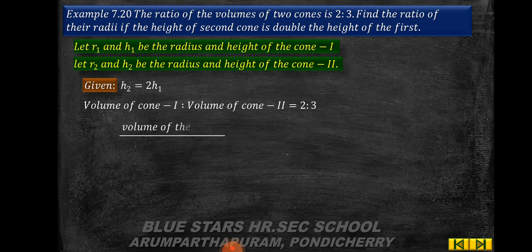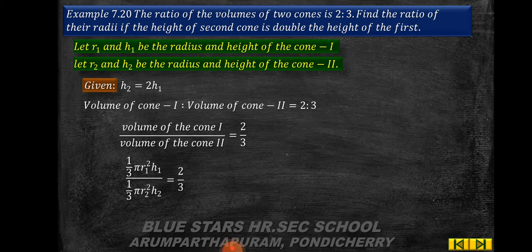So volume of cone 1 divided by volume of cone 2 is equal to 2 divided by 3. So volume of cone is 1/3 pi r square h. So here the first cone, you mention it as 1/3 pi r1 square h1 divided by 1/3 pi r2 square h2, which is equal to 2/3.